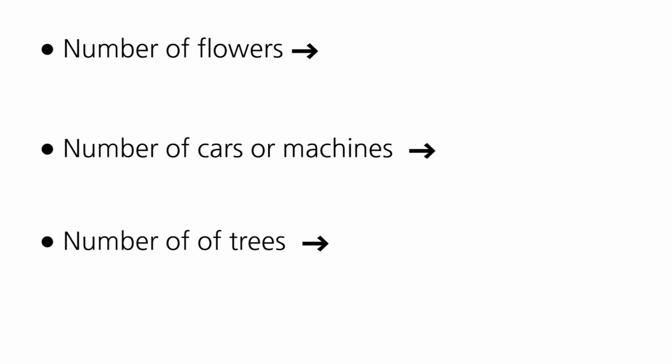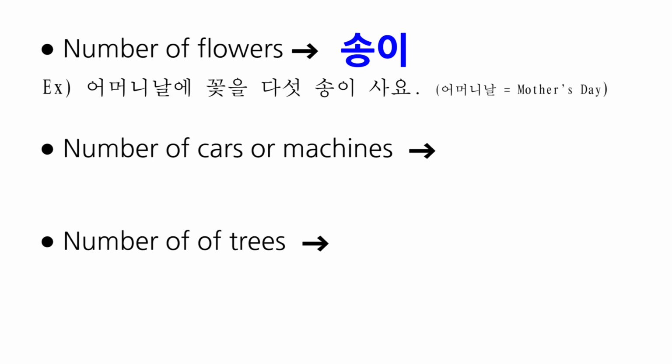Number of flowers, 송이. 어머니 날에 꽃을 5송이 사요. 어머니 날 means Mother's Day. Number of cars or machines, 대.